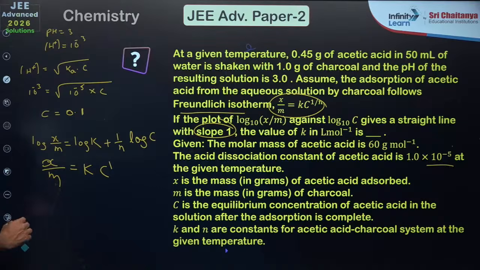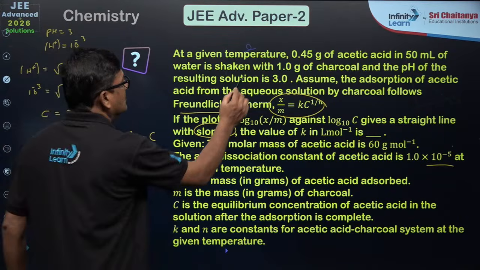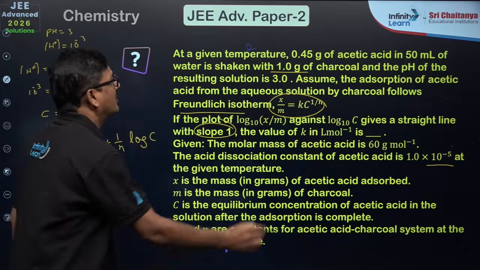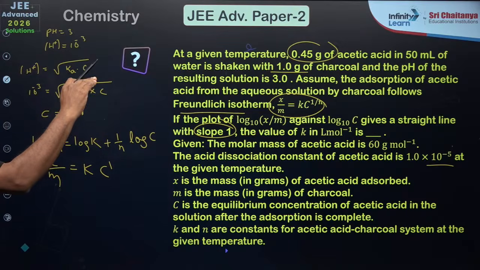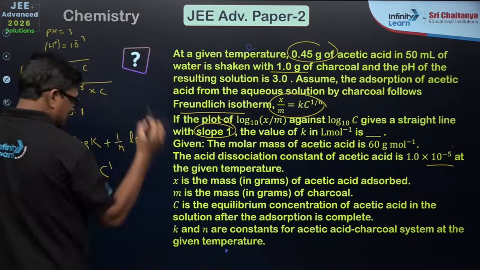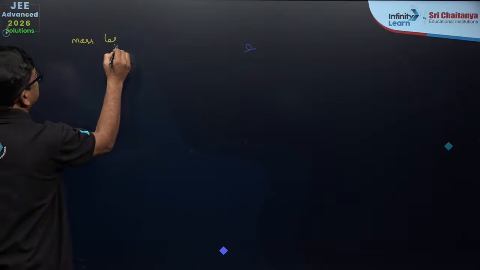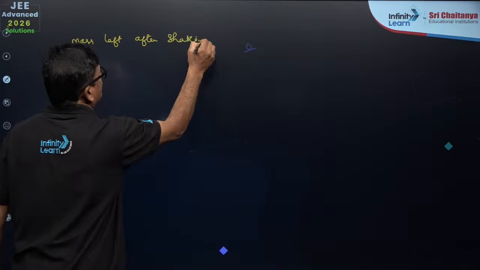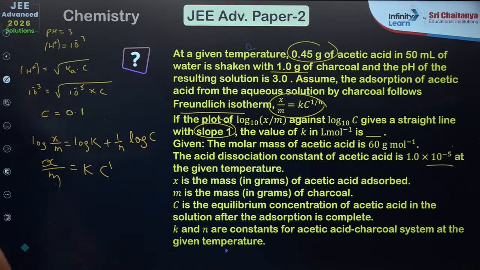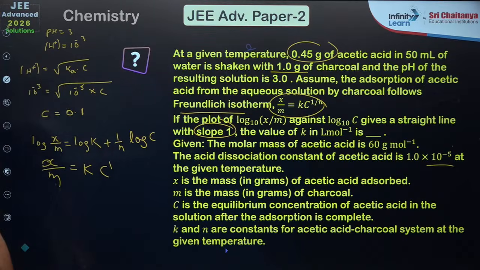So for x, the mass left after shaking, with 1 gram of charcoal, 0.45 gram of acetic acid and 50 milliliters, the mass left after shaking comes to be 10 power minus 1.